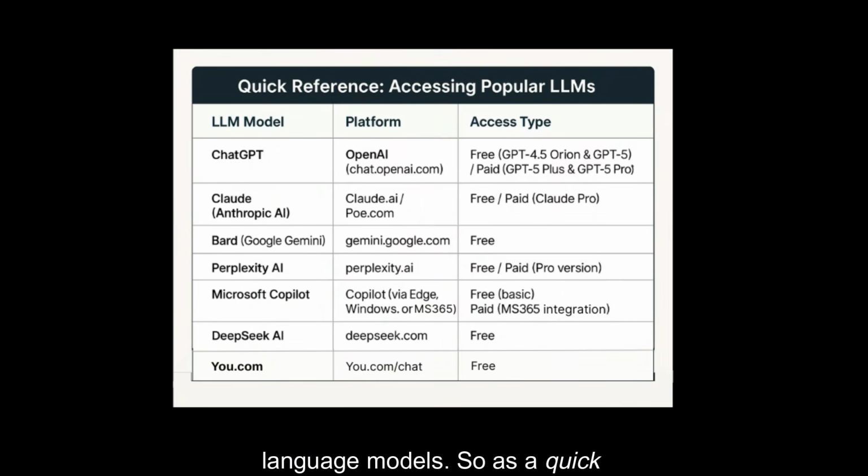So, as a quick reference where you can access different AI models and their general features, we've got ChatGPT, which has the free GPT 4.5 Orion and GPT-5 versions, but also the paid GPT-5 Plus and GPT-5 Pro versions for the much more advanced features. Claude, which has both a free and paid version.